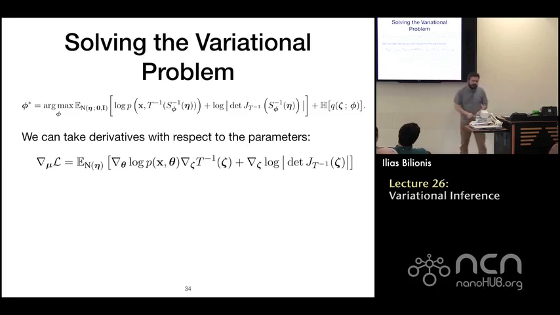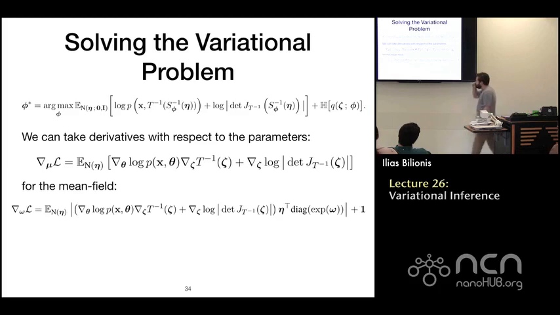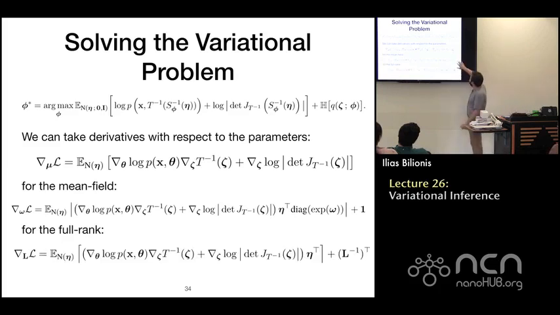Everything else comes automatically. For the mean field, the derivative of L with respect to omega is this. Again, you can find it analytically. For the full rank approximation, it looks like that. This term right here comes from the entropy of a Gaussian, which is that h over there. The entropy of the Gaussian does not depend on mu, so you have a 0 here, but it does depend on the variance.